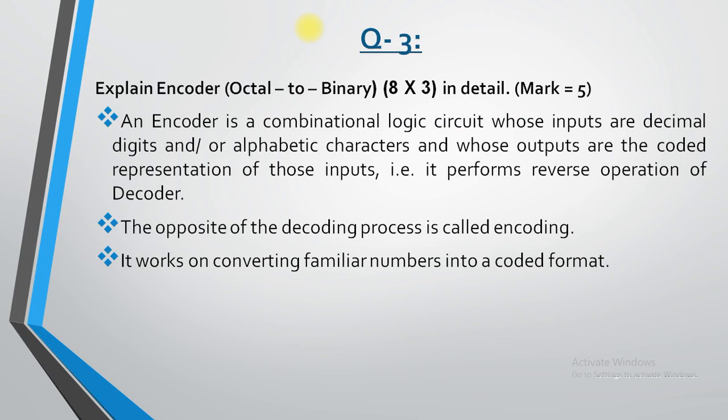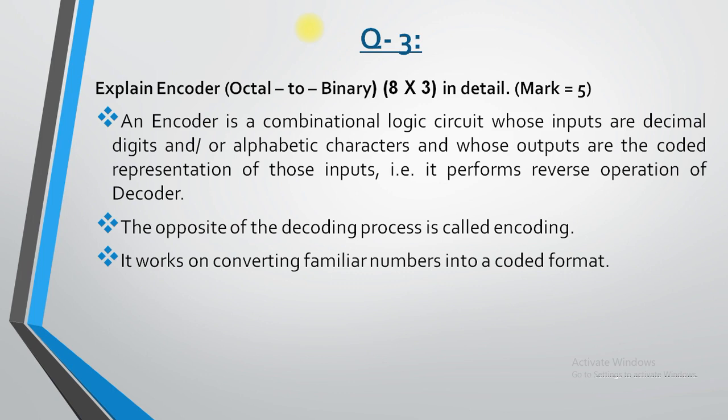Again, an encoder is a combinational circuit whose inputs are decimal digits or alphabet characters, and whose outputs are the coded representation of those inputs, that is, it performs the reverse operation of a decoder.